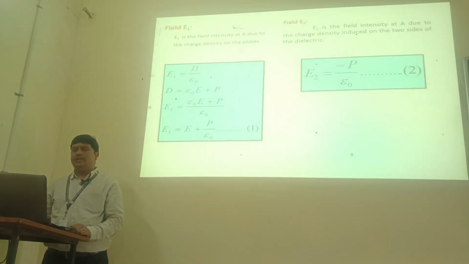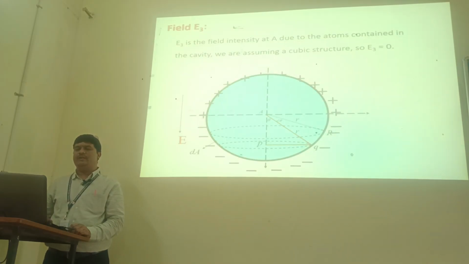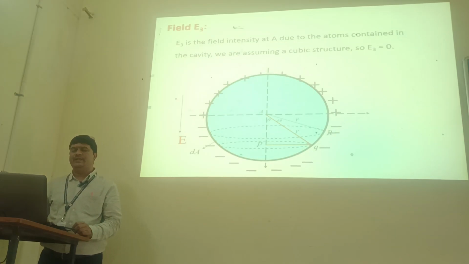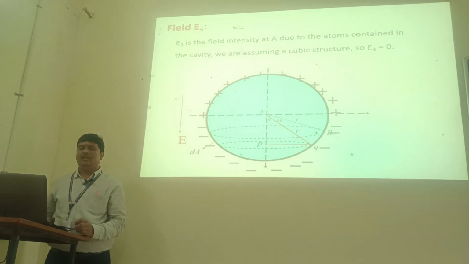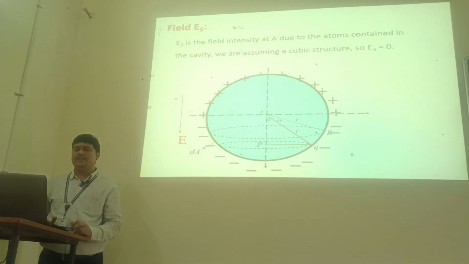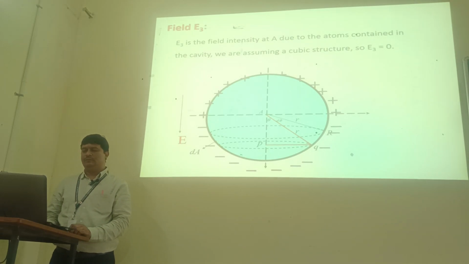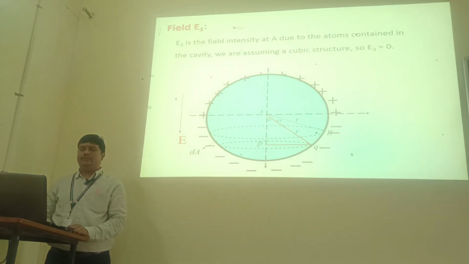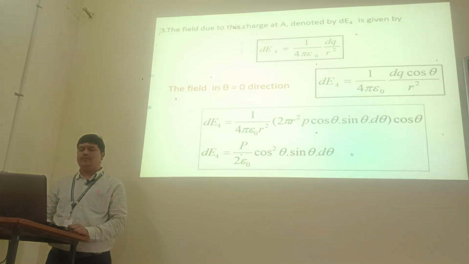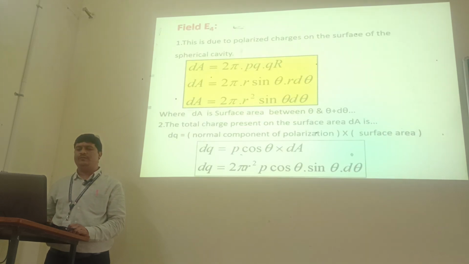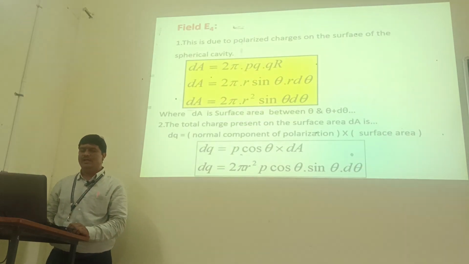Next, the total electric field. Here the E3 field inside the spherical cavity is 0, because the charges are displaced symmetrically. Next, E4 we want to determine. The E4 value we can determine by using the diagram.